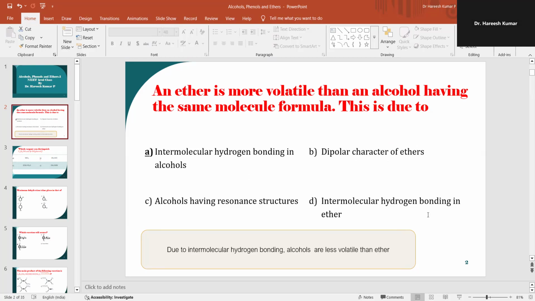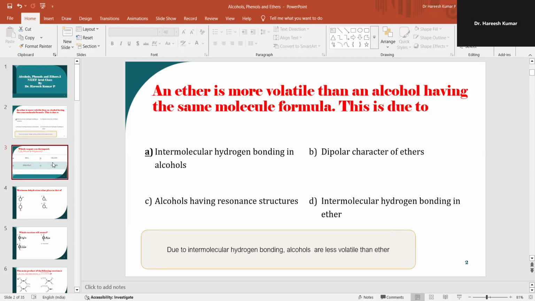And intermolecular hydrogen bonding in ether, a less strong force, is observed. So the right answer is intermolecular hydrogen bonding, which makes the alcohols have a higher boiling point.